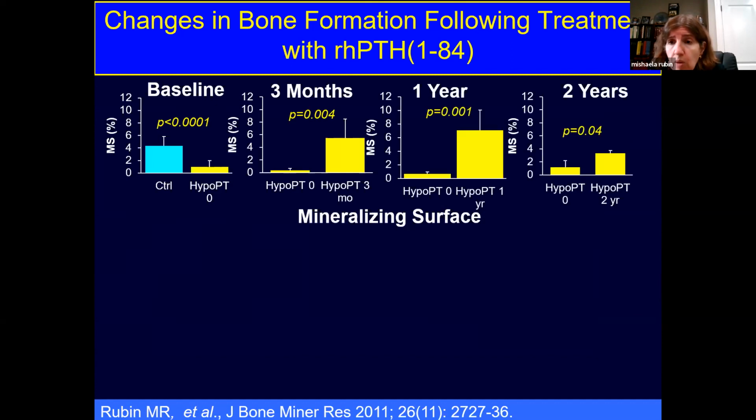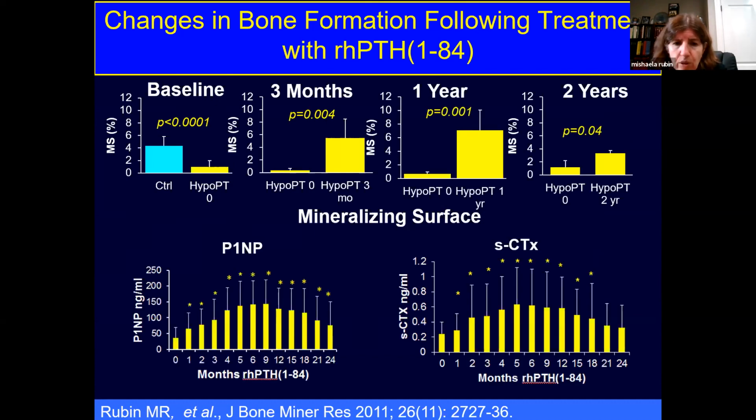It still was increased at 1 year, still at 2 years, although not as much. We think 1 year is the peak of the increase. And we see this in the turnover markers. This is blood tests that show bone building, the osteoblast P1NP, and bone resorption, the osteoclast or chewing CTX. Basically, everything wakes up very dramatically, but the peak seems to be at about 1 year.